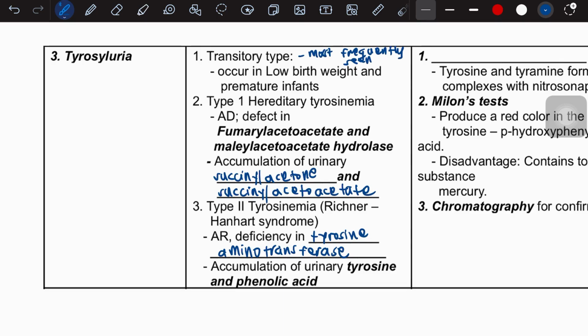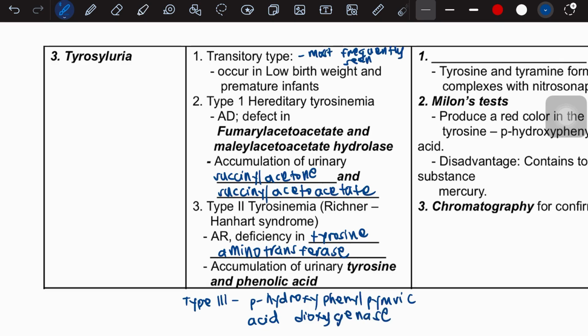So, there is an accumulation of urinary tyrosine and phenolic acid. So, please put type 3 in your visible space. For your type 3, the enzyme deficient is p-hydroxyphenylpyruvic acid dioxygenase.